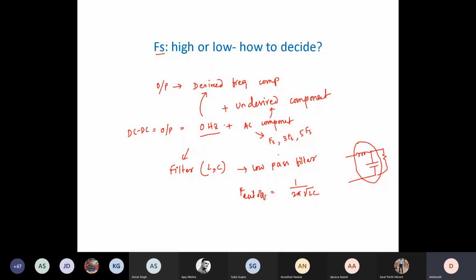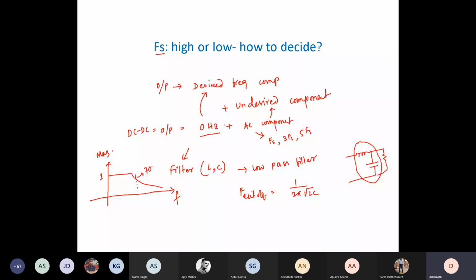So higher the Fs, basically, if you look at the magnitude versus frequency plot of a low pass filter, this is frequency, this is the magnitude part. This value is 1, you can assume, maybe it's in log scale. This is the point where the output amplitude goes down to around 70.7%. That is your F cutoff.